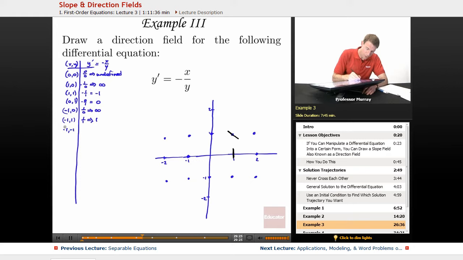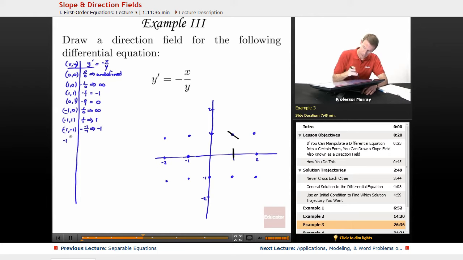Negative 1, negative 1, let me write this out. There are so many negative signs, it's hard to keep track. Negative, negative 1 over negative 1. 3 negative signs will give me negative 1.